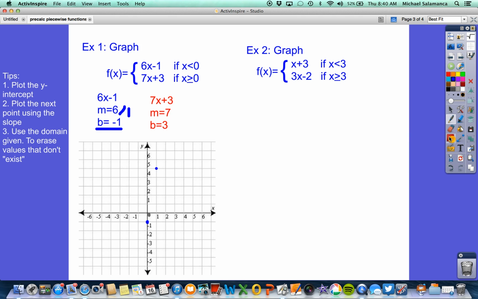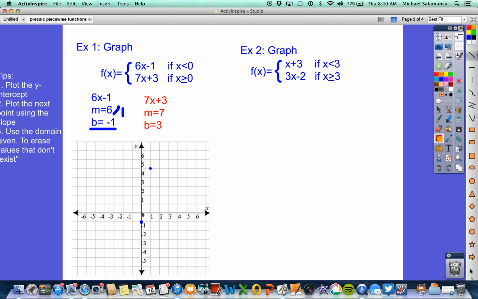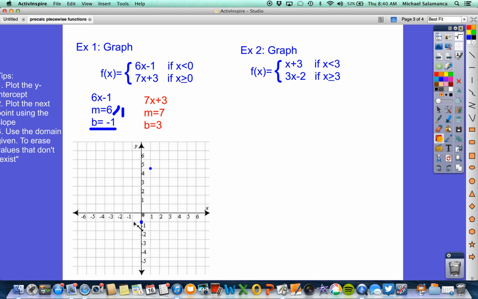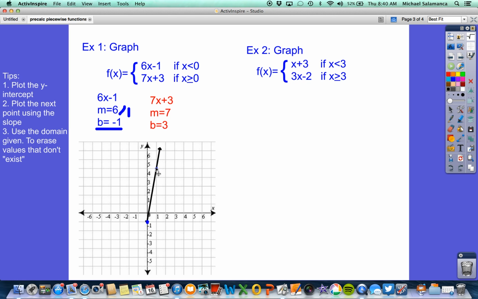For now, I'm going to draw a line through it, and we're not going to worry about the inequality part just yet. We know we're starting down here, and we're going up in this direction. So that's the first graph. The second graph, in red, says our y-intercept is at 3.